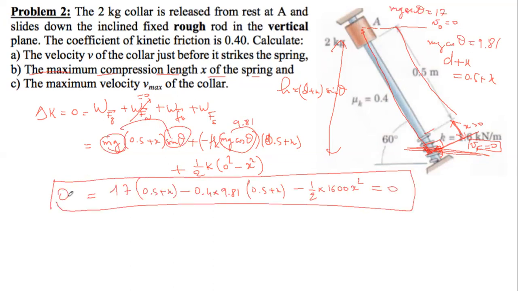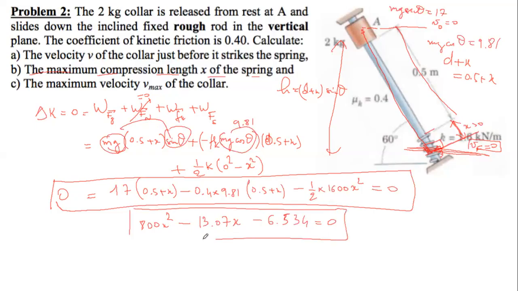Let me distribute, put the constants together, put the x squared together, put the x's together. I'll find something like 800 x squared minus 13.07 x minus 6.534 is equal to 0. So this is a quadratic equation I have to solve.